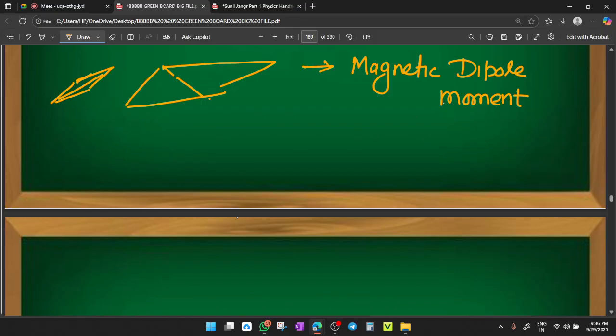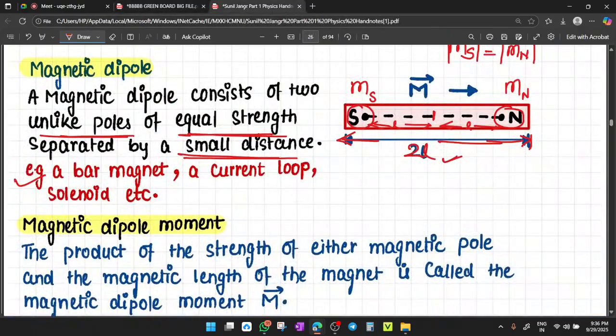Magnetic dipole moment quantifies whether the given dipole is strong enough. The magnet that has a high magnetic dipole moment will be considered a strong magnet.